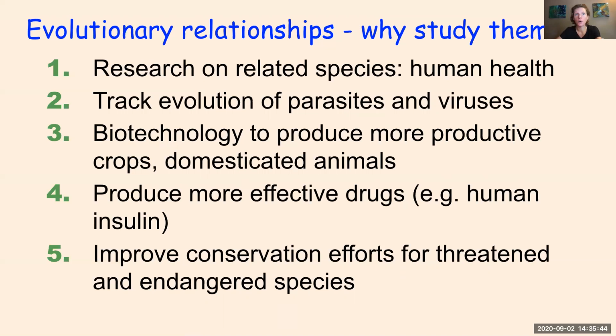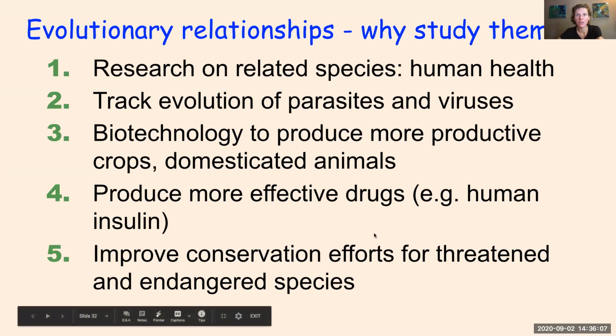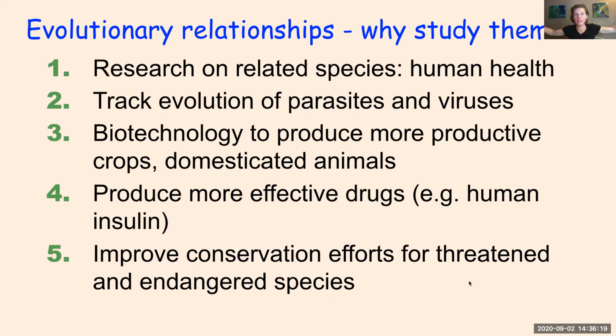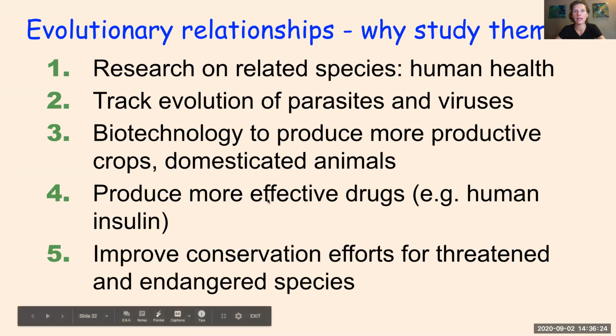Biotechnology: by figuring out evolutionary relationships, we can sequence organisms' genomes and then actually use that to create enhanced organisms, produce more effective drugs, improve conservation efforts. So this is kind of important: by sequencing the genomes of species and figuring out which are closely related, we can try to conserve a broader, more diverse section of species that represent a lot of variety versus ones that are closely related.